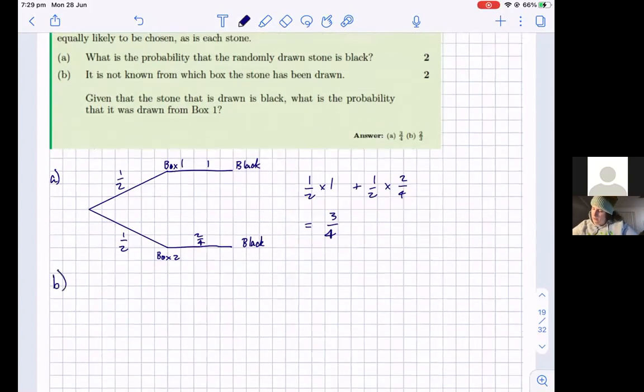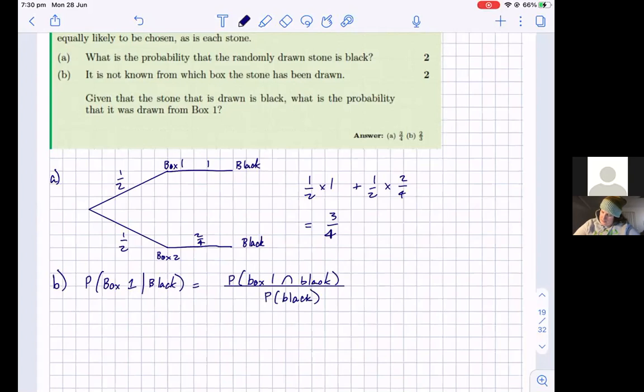It's not known from which box the stone has been drawn. Given that the stone drawn is black, what is the probability that it was drawn from box 1? So the probability that it's from box 1, given that it's black, is the same as the probability that it's box 1 and black over the probability that it's black.